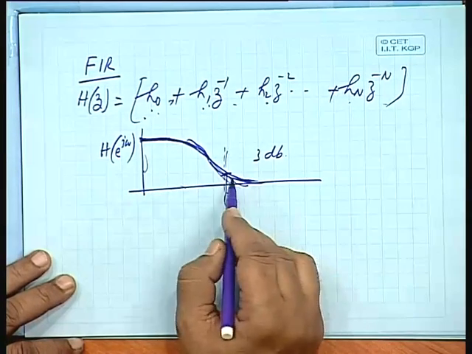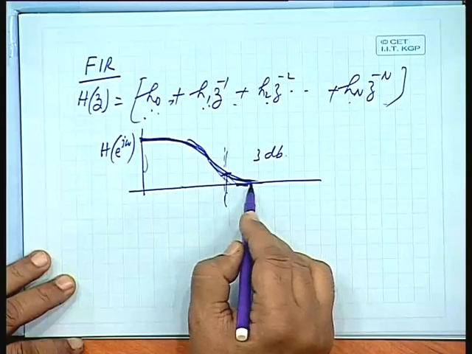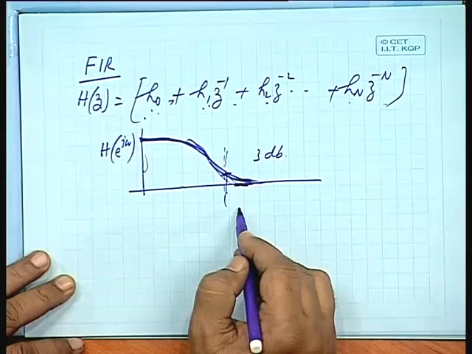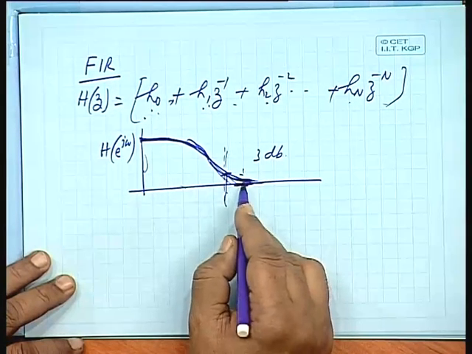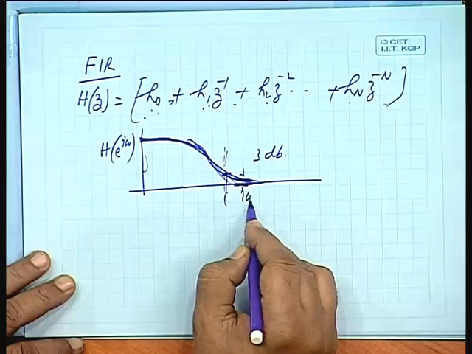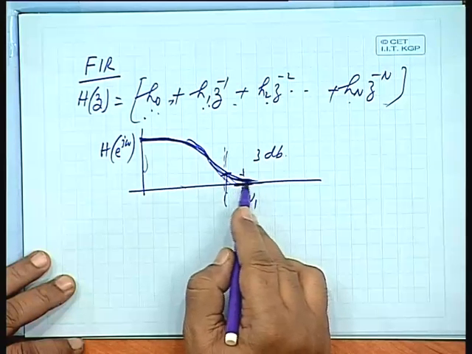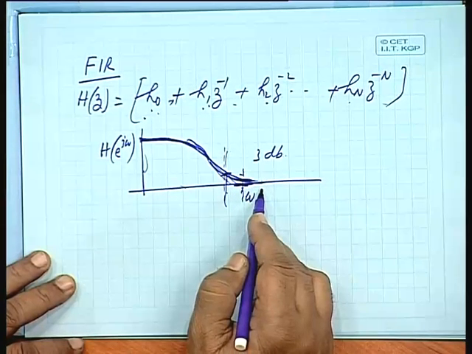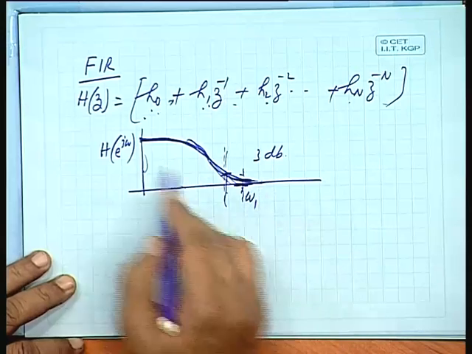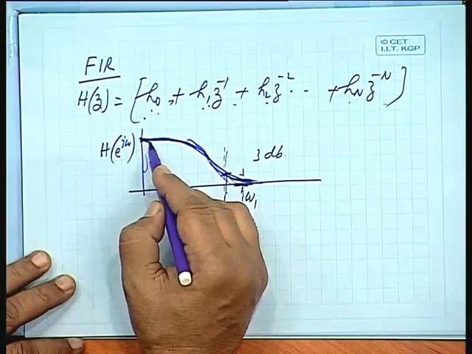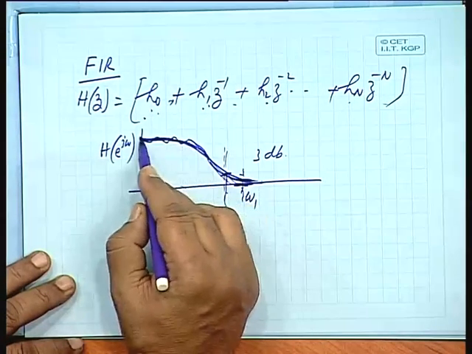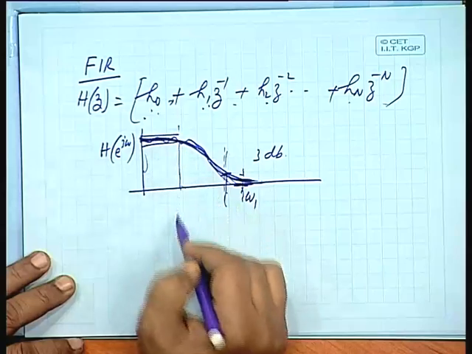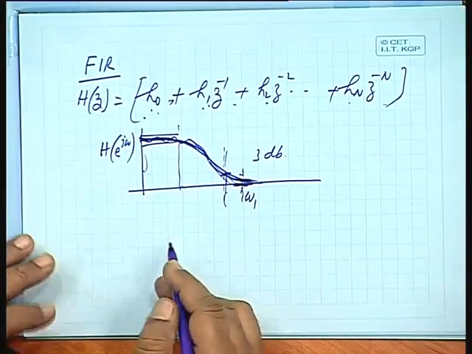Somebody may give within this frequency band, within this tolerance, it should come at such and such frequency. At omega 1, it should come within a certain dB level. There can also be a tolerance in the pass band where we define a pass band, and so on.